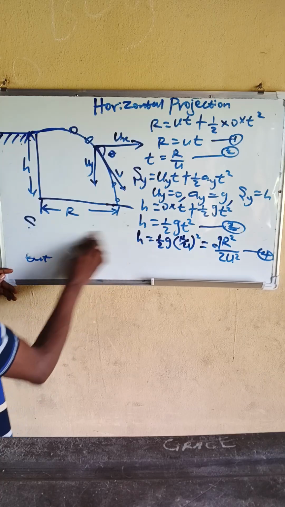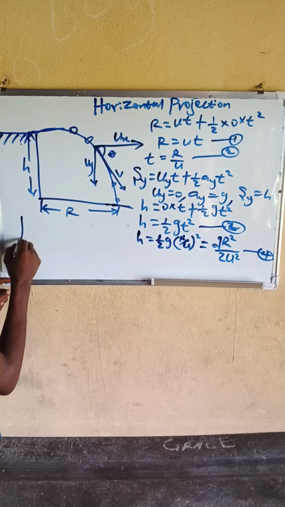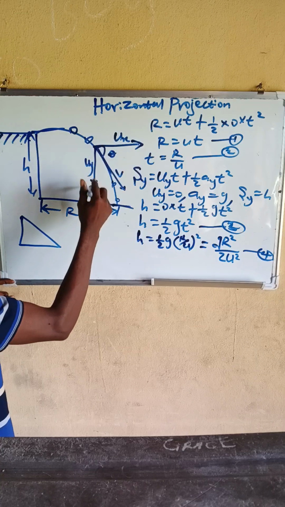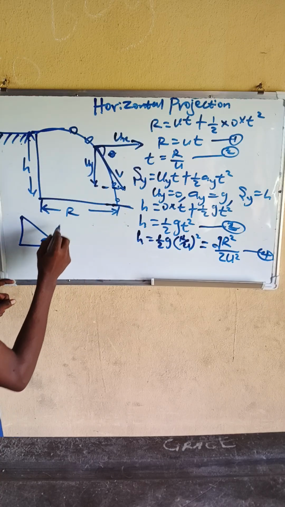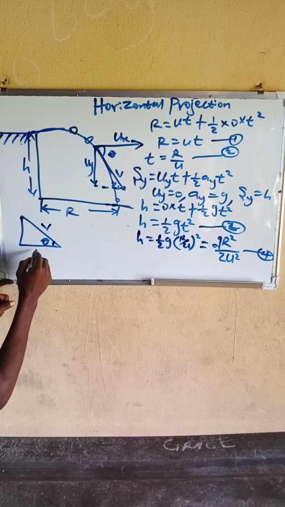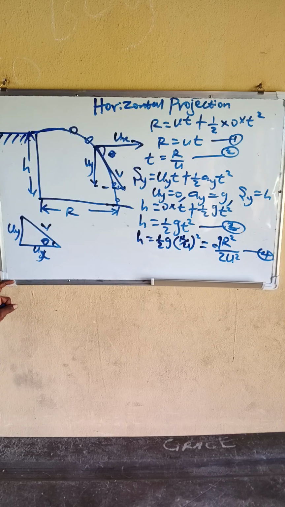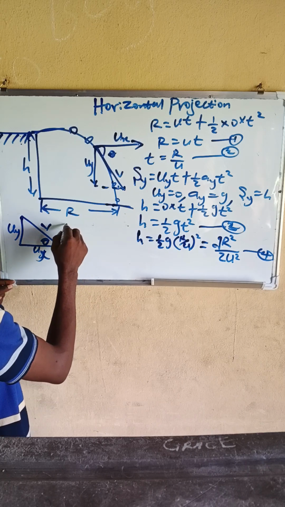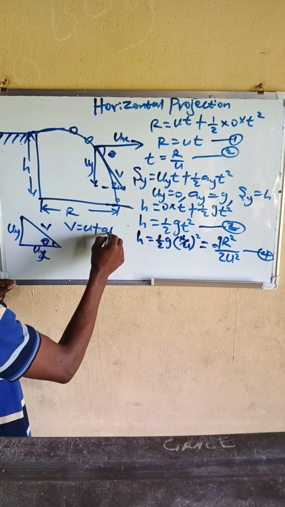Now if I want to represent this in vector components, bringing it in this form, here is theta, this is v, this is ux, this is uy. Recall the first equation of motion, v is equal to u plus at.